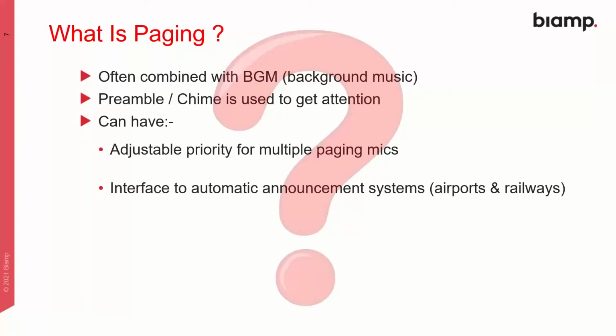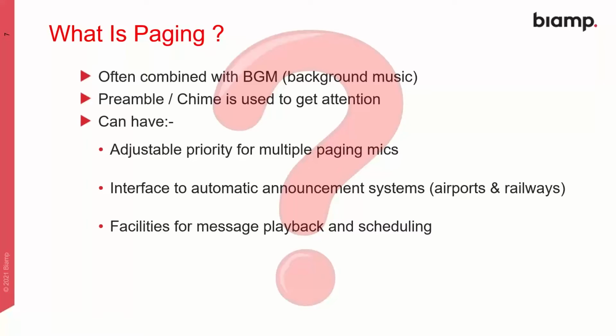You often also find interfaces to automatic announcement systems in airports and railways. So therefore the system in the airport, which deals with the comings and goings of the airport display system, automatically interfaces to the audio system so that they automatically get translated into voice announcements over the system. And very often there's facilities for message playback, recording and scheduling.